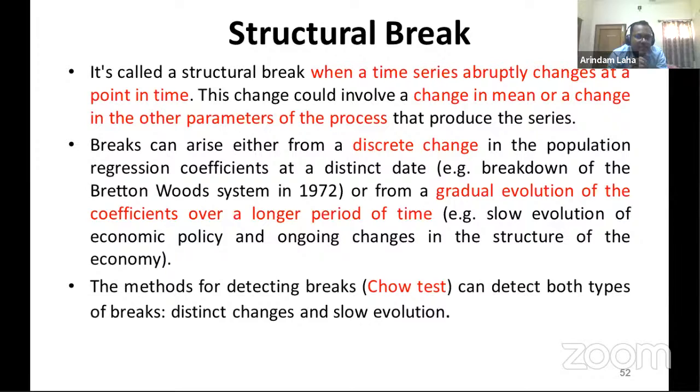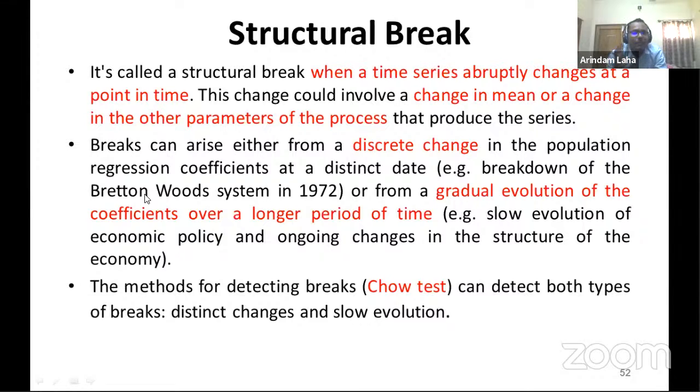Suppose we have the experience of the collapse of the Bretton Woods system in 1970. Suddenly there is a change in the international monetary and economic order. After the collapse of the Bretton Woods system, this can be a point of difference in your structural break, a discrete change.